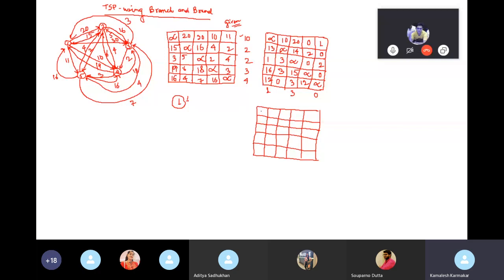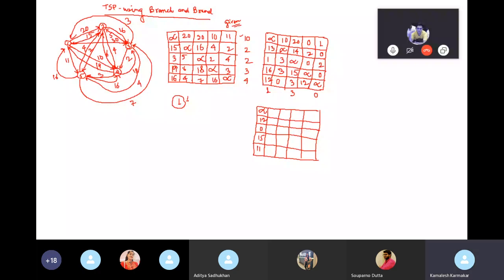After this reduction of 1 from the first column, the first value is infinity. Then it will be 12. Then it's 0. It's 15. Then it's 11.